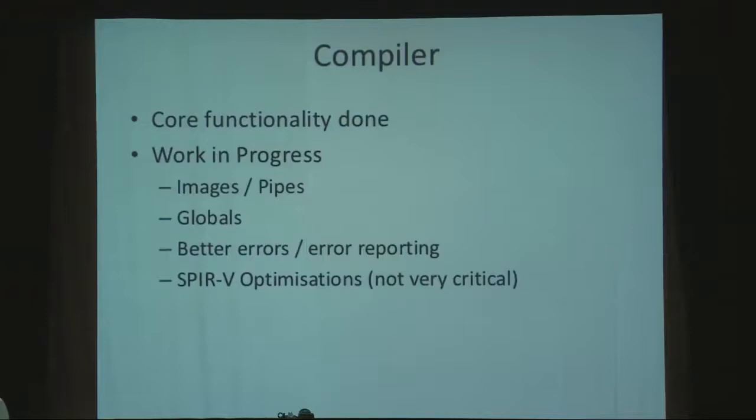There are a couple of things that aren't supported yet. Pipes and images are sort of magic types that I haven't yet done. Global variables, because you need to put them in an address space. With GPUs you've got different portions of memory and different pointers for each of them, which is a giant pain in the neck, but that's the way it is.